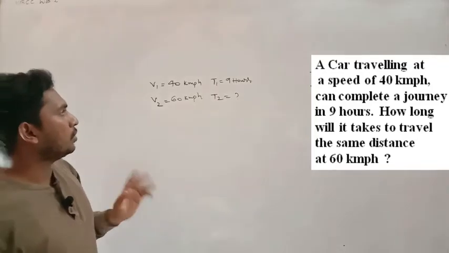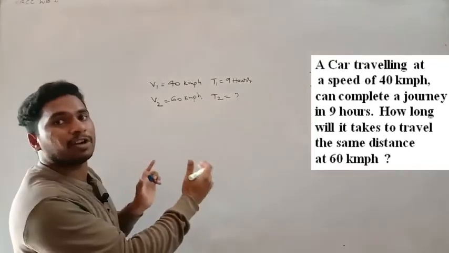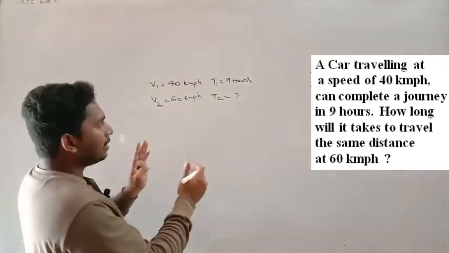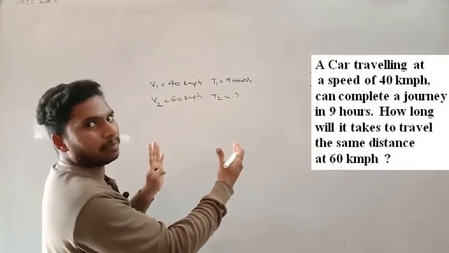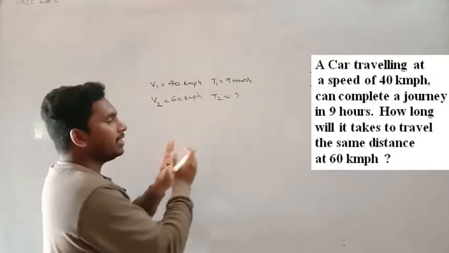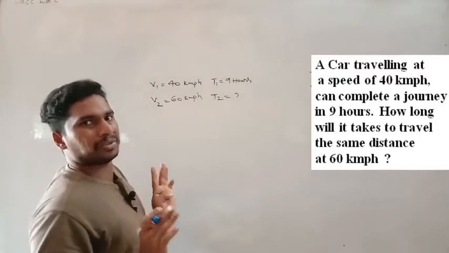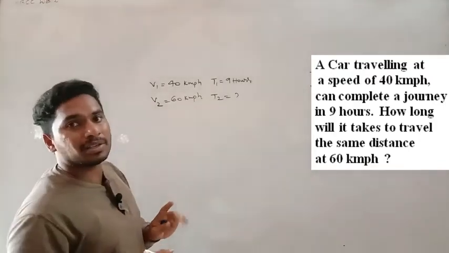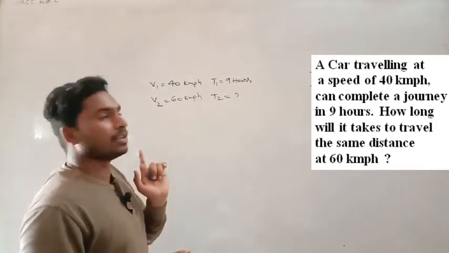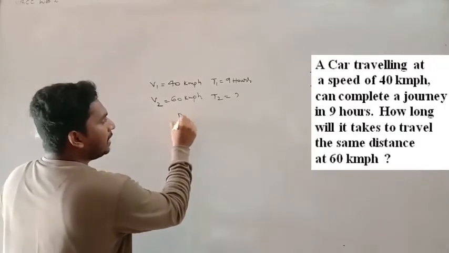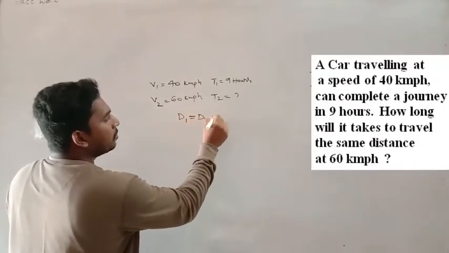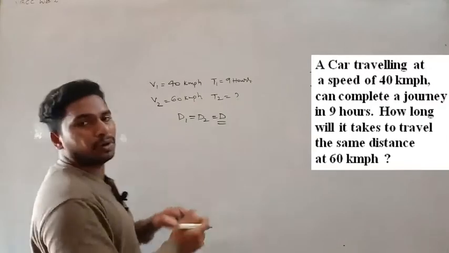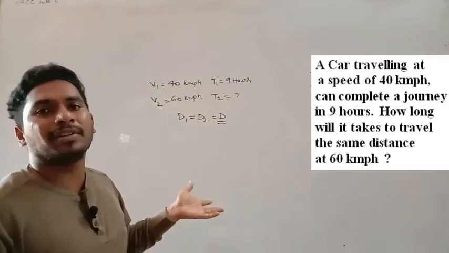And what is constant here? The origin and destination are constant, and hence the distance traveled is constant. In both cases the distance traveled is constant. It means that d1 is equal to d2, that is some d. We don't know that because it has not been given in the question.